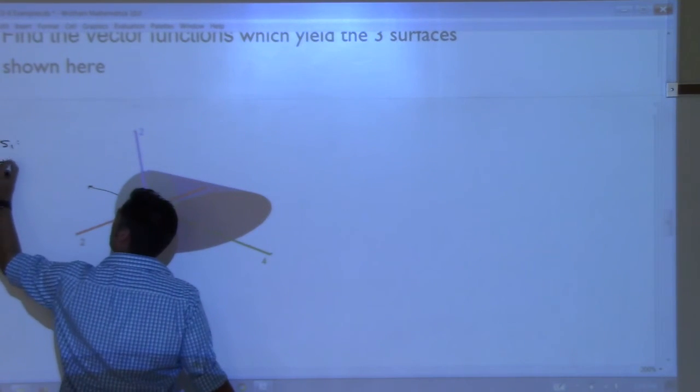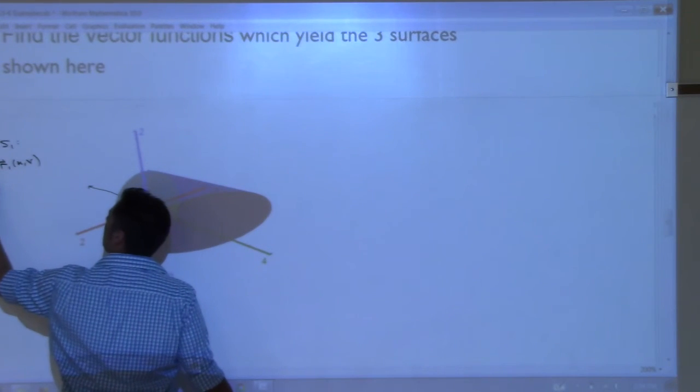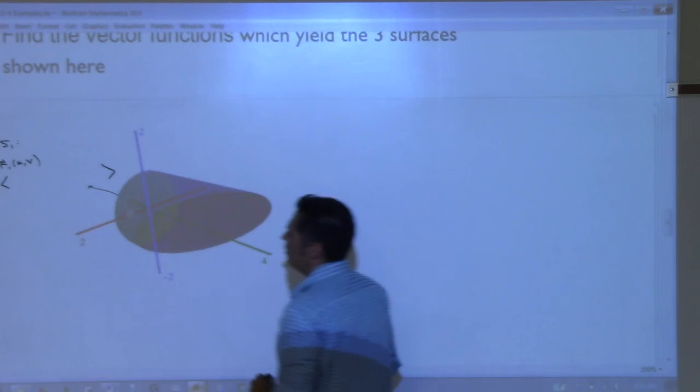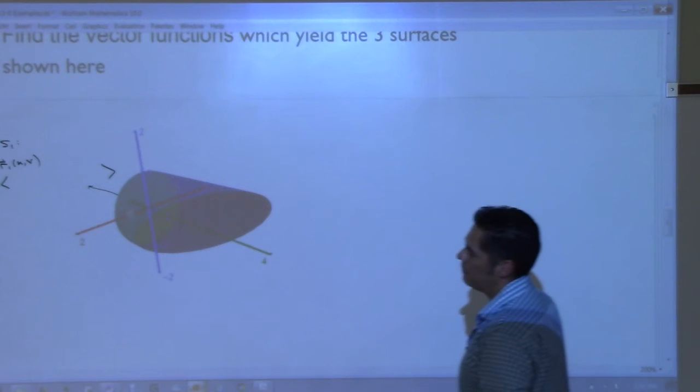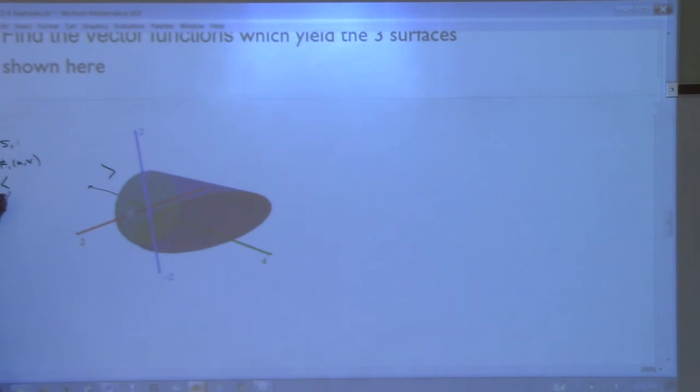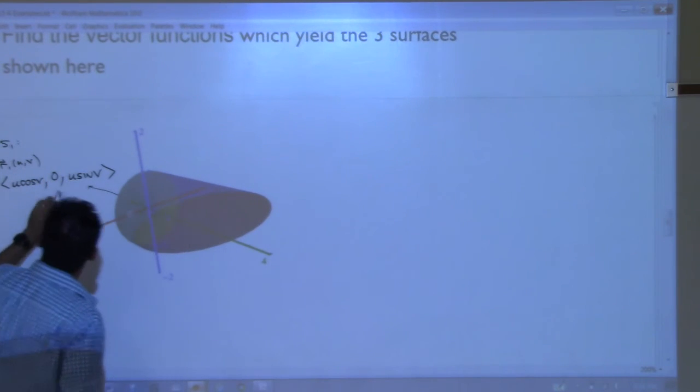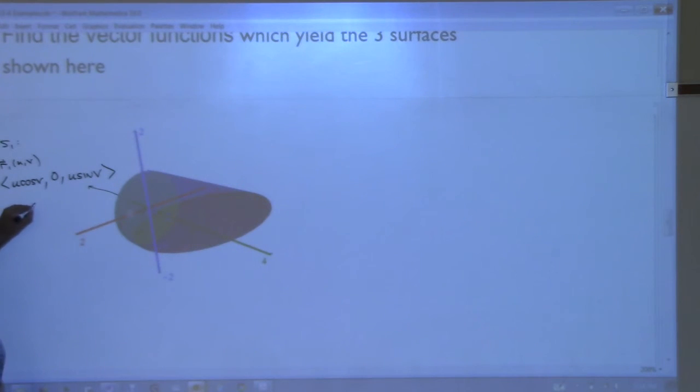That's going to be R1 of u, v, which equals, you tell me? u cosine v, y is 0, u sine v, v is between 0 to pi, right? And u's between 0 and 1. That should draw me that back surface.